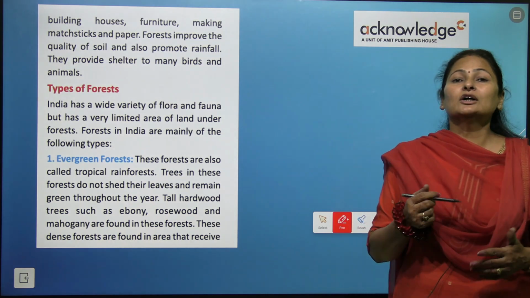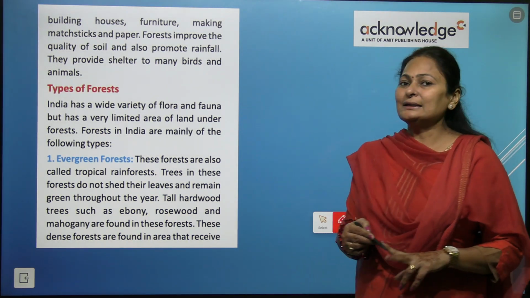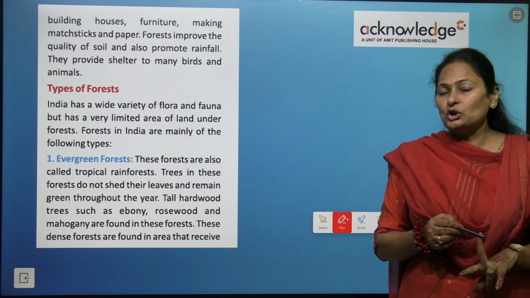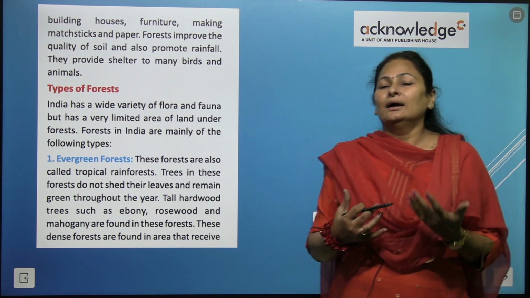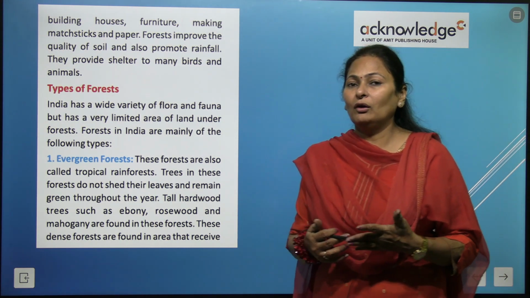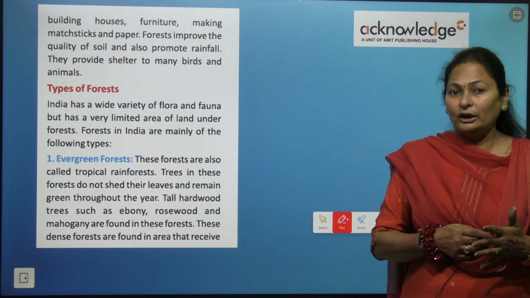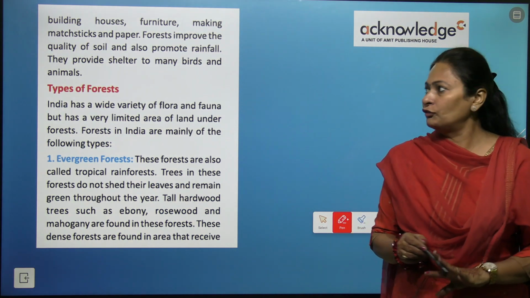Forests improve the quality of soil. Yes, it is good for soil too. It holds the soil so that the soil remains nutritive and soil erosion does not happen, right? They also promote rainfall.